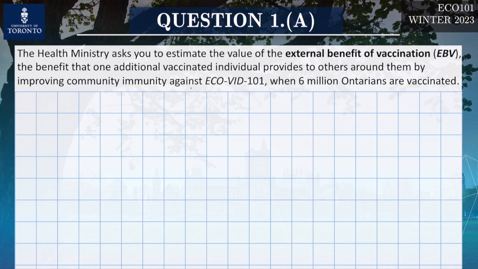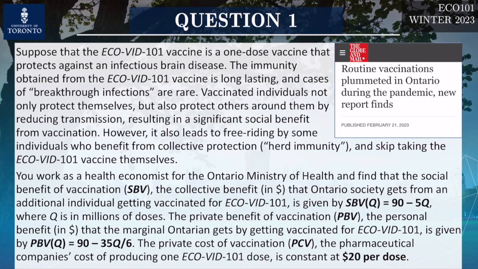So now I would recommend to pause the video and try to solve this problem by yourself before pressing play and watching my solutions. Alright, so you are back. Let's look at the information that we have again. The first thing to acknowledge, of course, is that this is an externalities problem. We can see it in this sentence, where it says that we have free riding from individuals who benefit from collective protection.